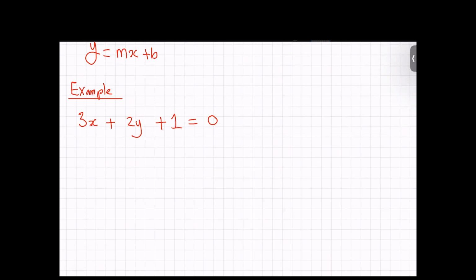Well, first you have to change this into the form y equals mx plus b. This form is easier to graph. So basically, you just have to solve for y.